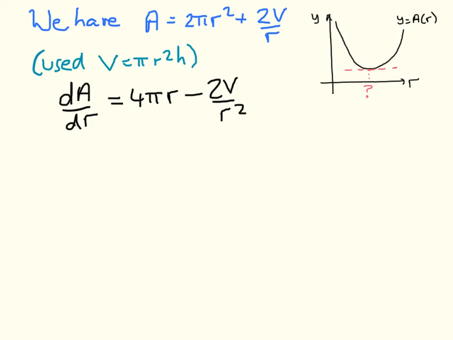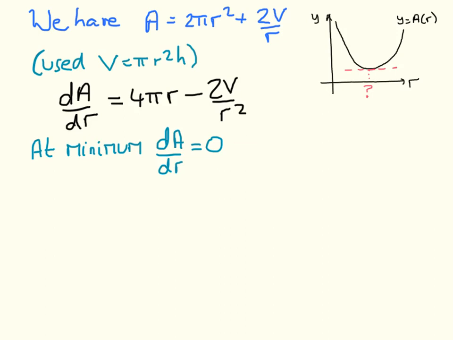So at the minimum, we require that dA/dr is equal to 0. So dA/dr is equal to 0. This is a stationary point, and if this is equal to 0, it must be that 4 pi r is equal to 2V over r squared, so that they can cancel.